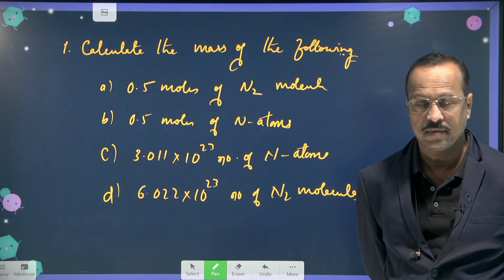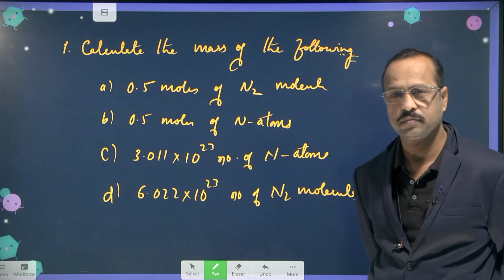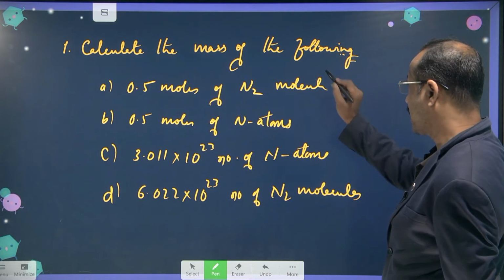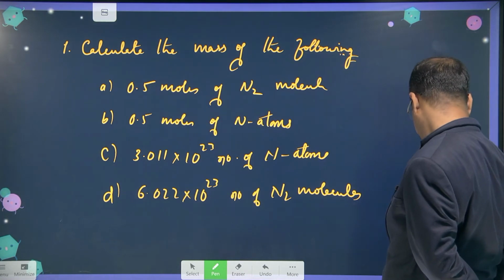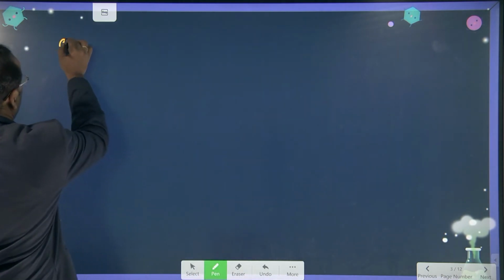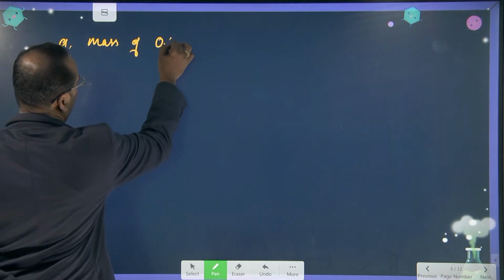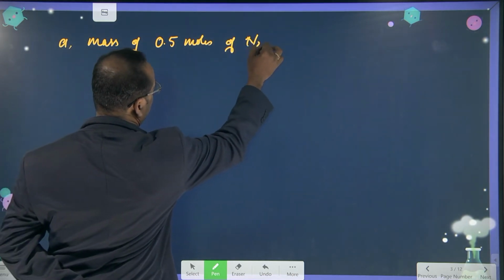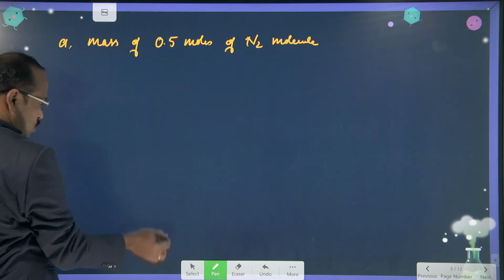Now first you have to calculate the mass of 0.5 moles of nitrogen molecule. So how to do?